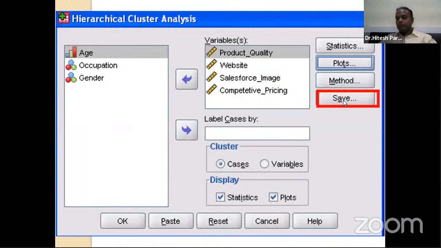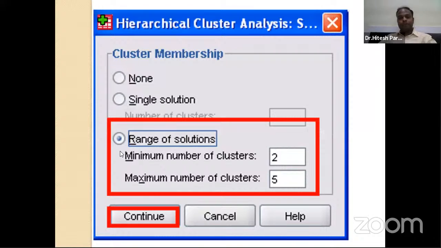Then click on Save. Once you click here, it will ask you the range of solutions. So for minimum number of clusters we will give 2, and for maximum number of clusters we will give 5. This data set has around 41 respondents.